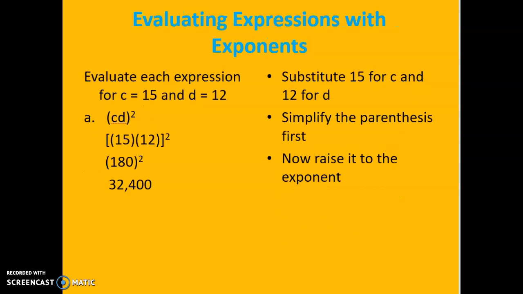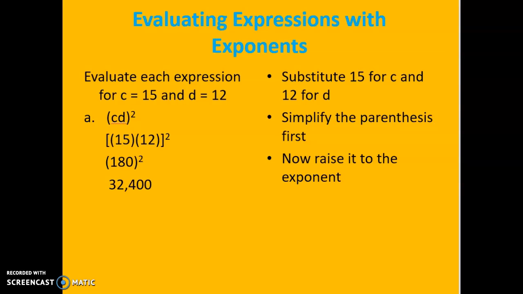Now, let's look at an example where we have to evaluate the expression using exponents. Notice it is an algebraic expression. So look at it. We have C is 15 and D is 12. We're supposed to evaluate, in the parentheses there, CD and then squared.